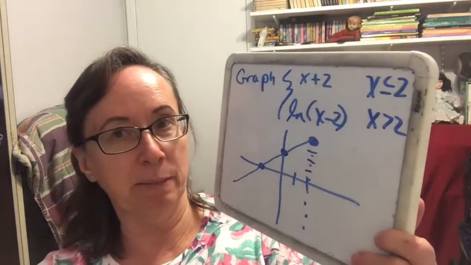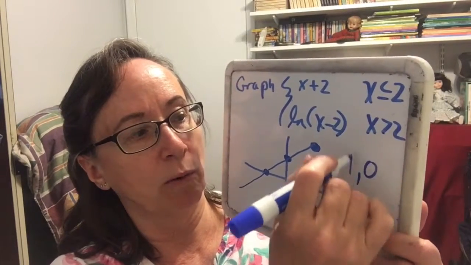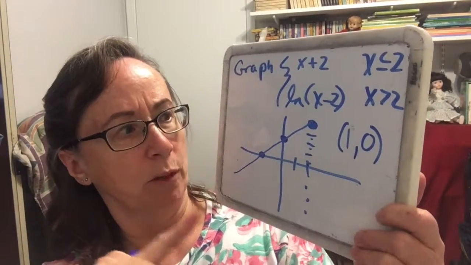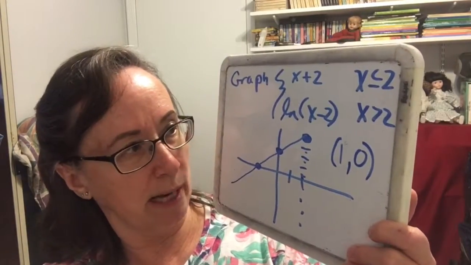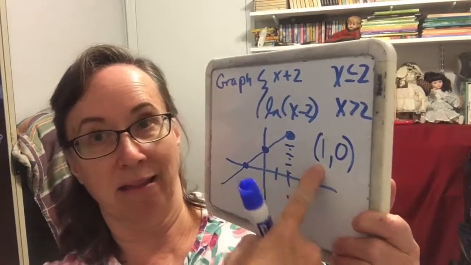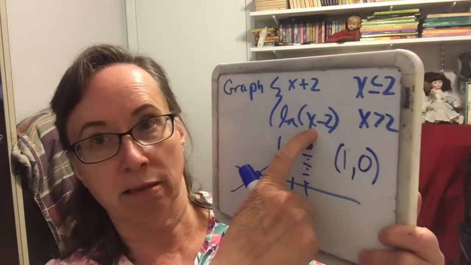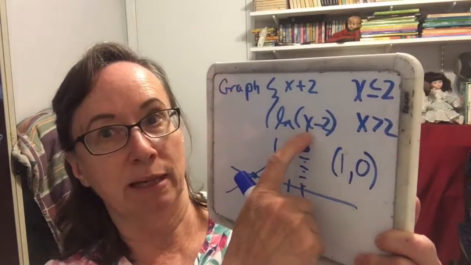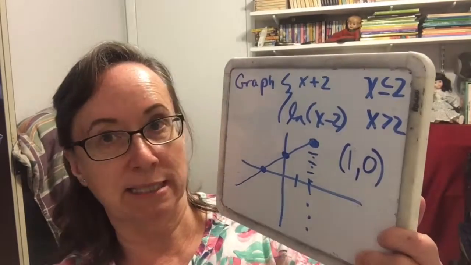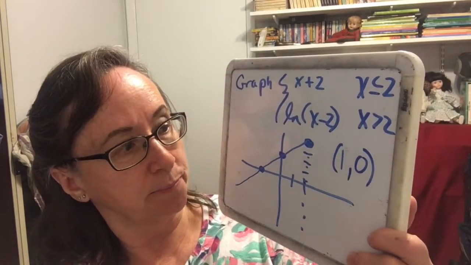Okay, so let's think about that special point. That special point is usually 1, 0. That's our anchor point for the log. But now if this is being moved 2 steps to the right, then we're going to be anchoring at 3, 0. So let's plug in 3. If we plug in a 3, then 3 take away 2 is 1, and log base anything of 1 is 0.